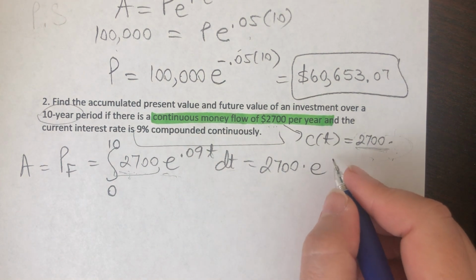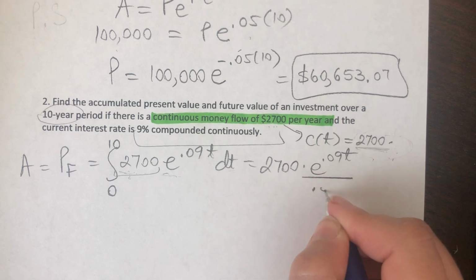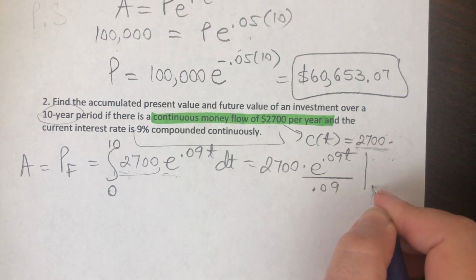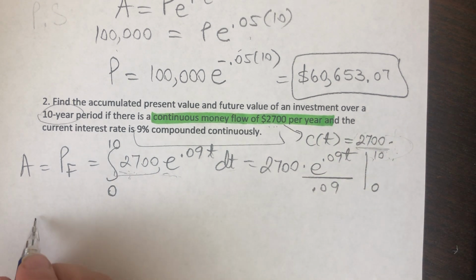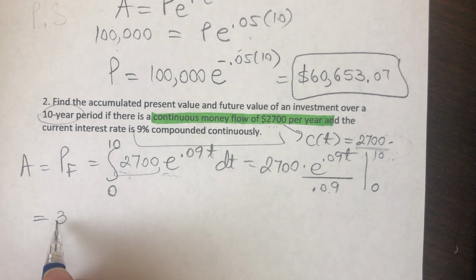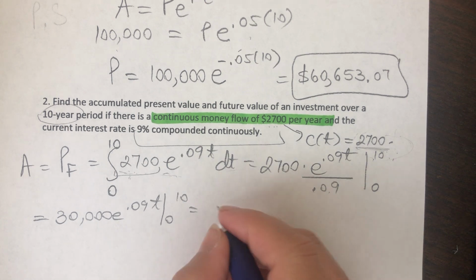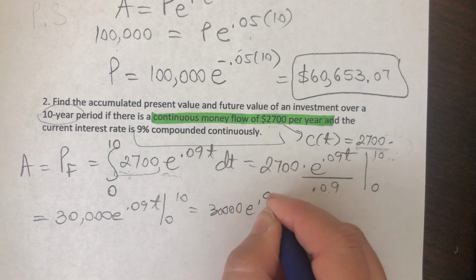So we keep the 2,700. It's the e to the 0.09 t divided by 0.09, evaluated between what? 0 and 10. So I'm going to mess with that a little bit. I'm going to divide by 0.09. So I'm going to get 30,000 e to the 0.09 t, plug in a 0 and plug in a 10. So that's 30,000 e to the 0.9, right?